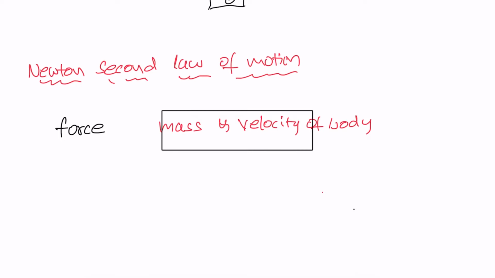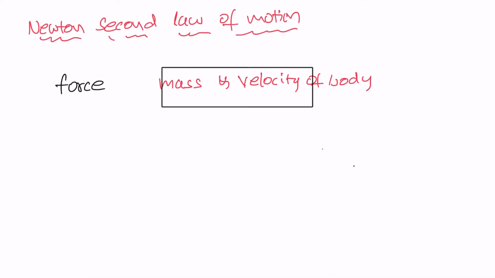These are two different physical quantities. One is mass, the other one is velocity. But these two physical quantities are taken together as one single physical quantity. If taken as a single physical quantity, it is so much helpful to understand further concepts.